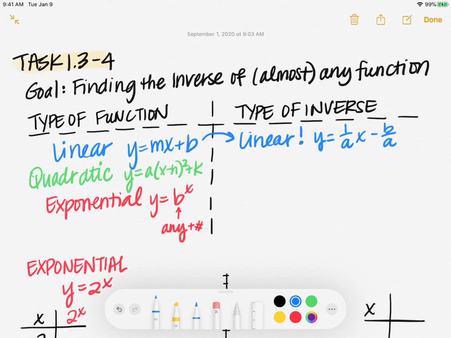So when we have a linear function, well, what about quadratic? And you did 2 of those or 4 of those for homework last night. The inverse of a quadratic was what?